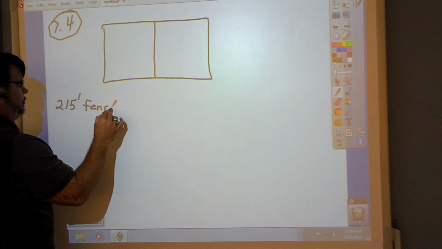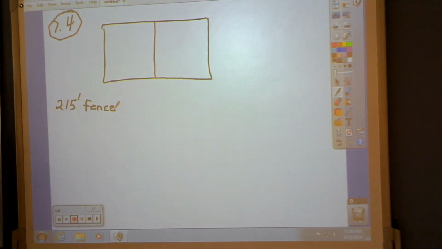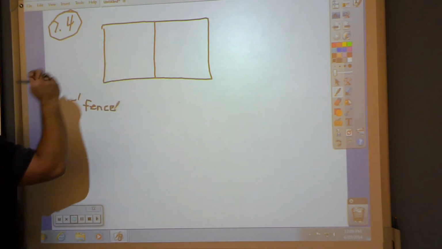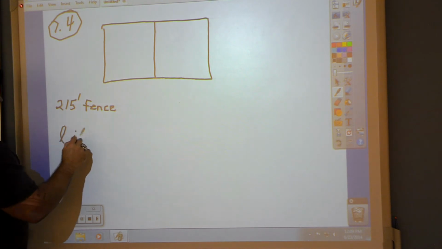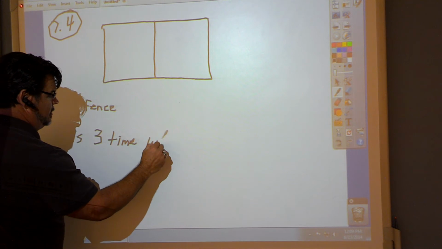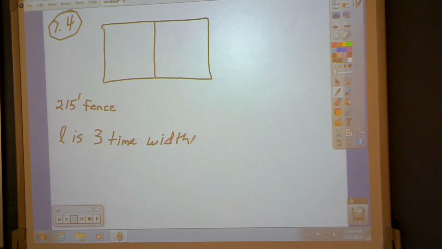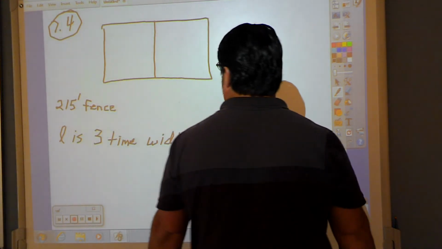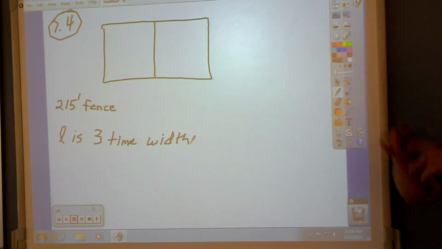He went and bought 215 feet of fence, and the only thing you know about this is that the length is 3 times the width. Okay? That's the only thing you're given. Do y'all remember doing something like this? Well, what is fencing? Is it perimeter, area, or volume? It's perimeter. It goes around the property.